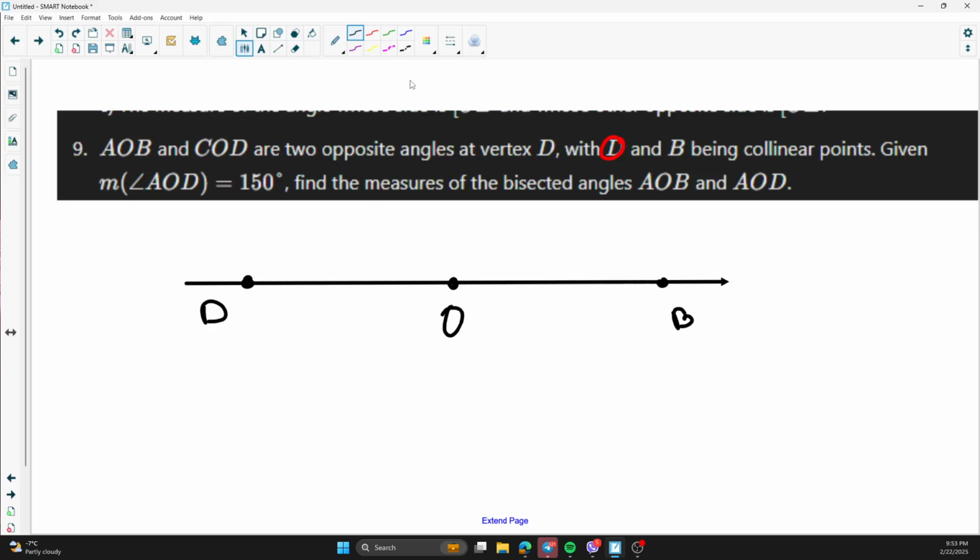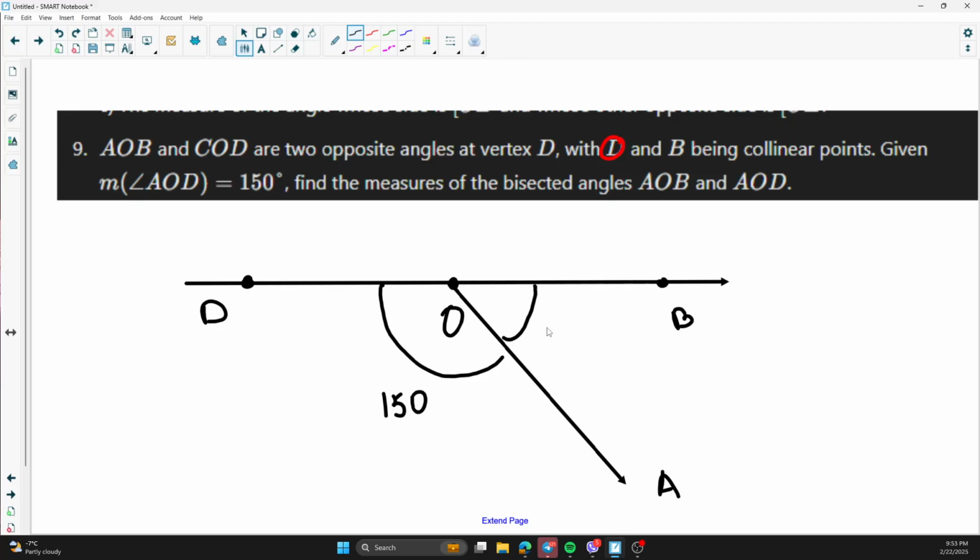So given that AOD is 150. So AOD is 150, and AOB would be 30.